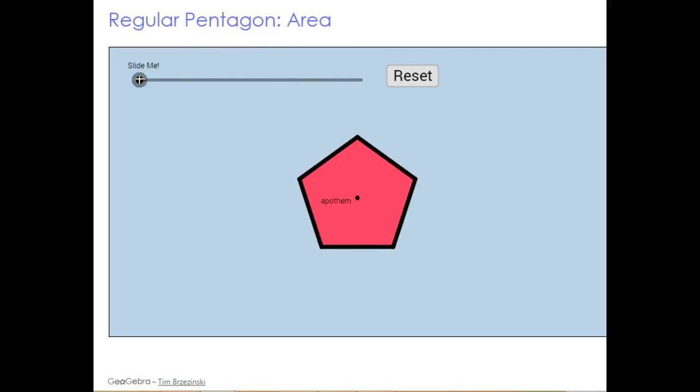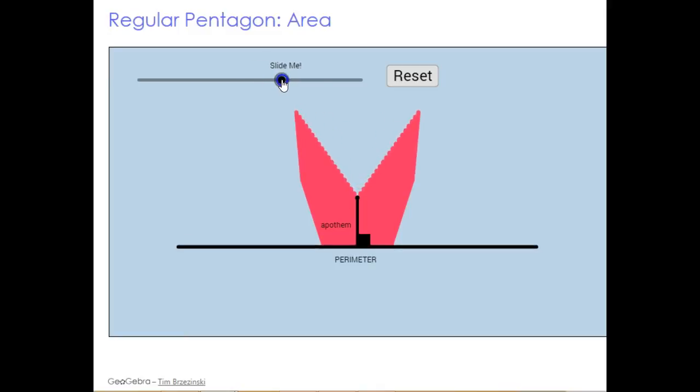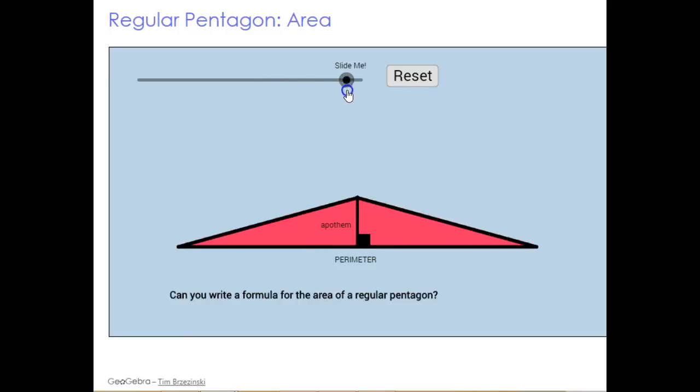Okay, I know I said that was the last one, but really, just playing around with this GeoGebra, there's so many great visuals for area of different shapes. So this is just another demonstration. Is the area of a pentagon, and again, I know this is more than what was on the video, but not too far from where we want to go, and showing how you can break it up and open it up, and then the question at the end is, can you write a formula for the area of a regular pentagon?